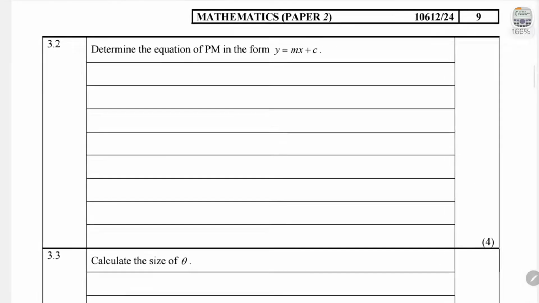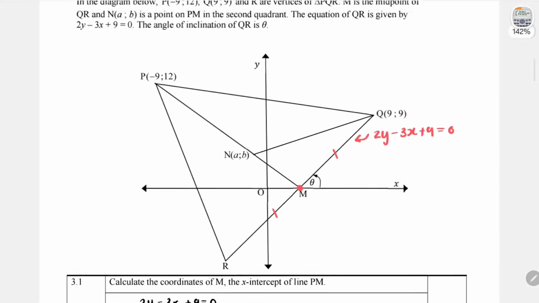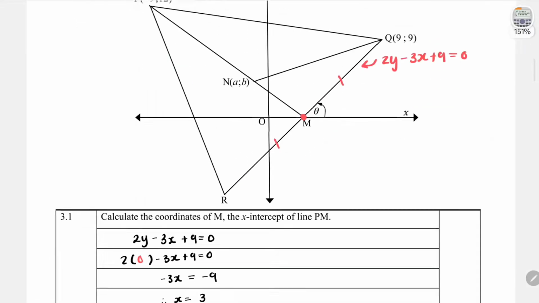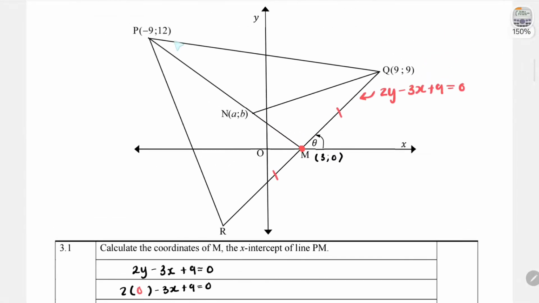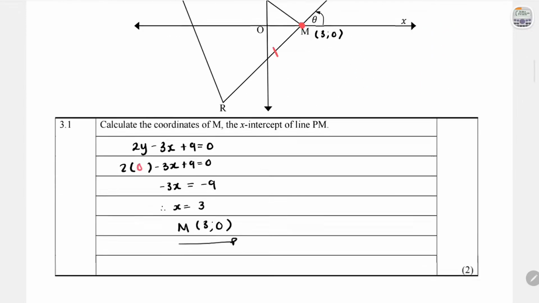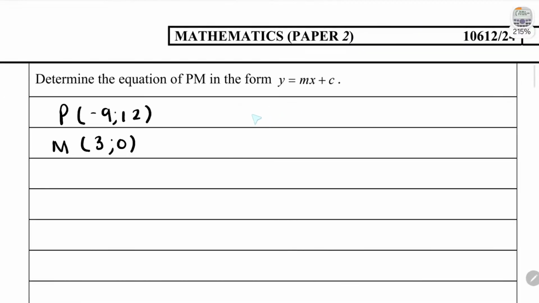Question 3.2 says, determine the equation of PM in the form y equals mx plus c. Given that we know M is (3, 0), we need the gradient first, and then we can substitute one point on that line.